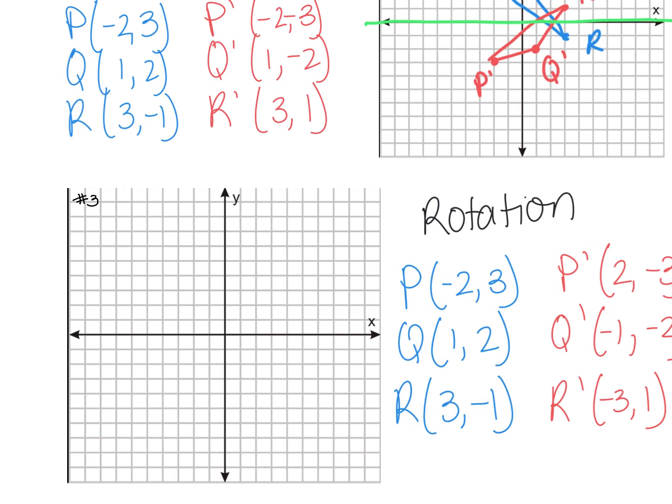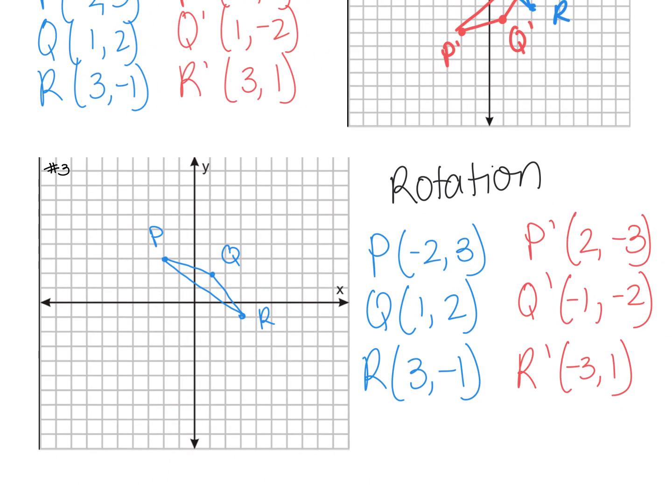Graphing them, (-2, 3), which was right here, Q, which is (1, 2), and then we had (3, -1) for R. And then my new points, (2, -3), Q, which is (-1, -2), and R, which is (-3, 1).